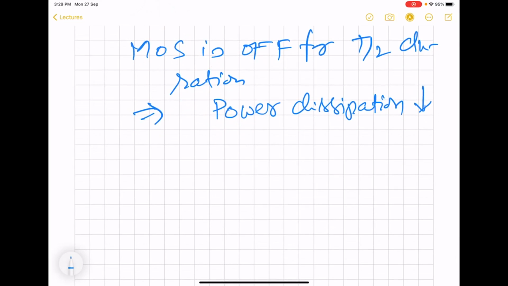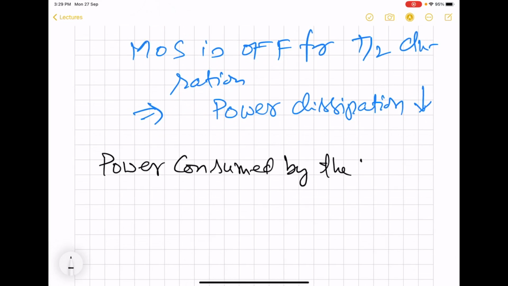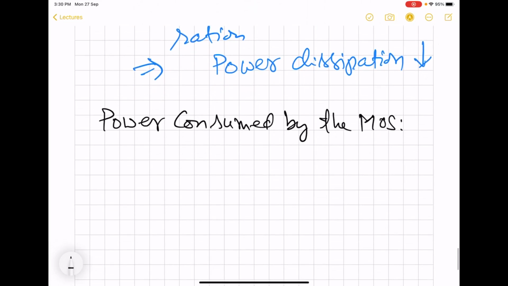So for this case, now we'd like to know what is the power consumed by the MOS. So instantaneous power we know is VD into the total drain current, but actually we want to know the average power consumed.